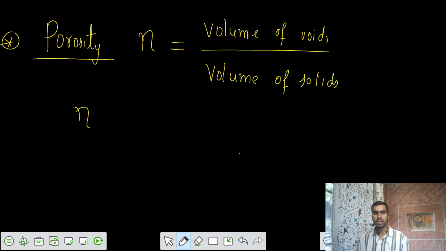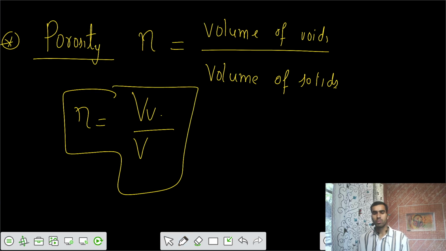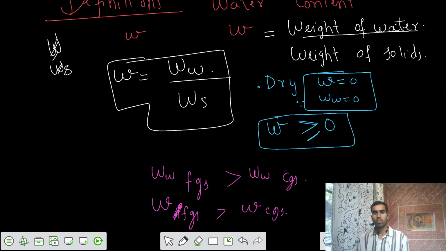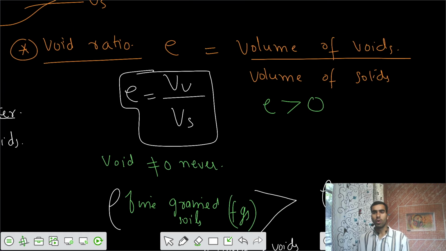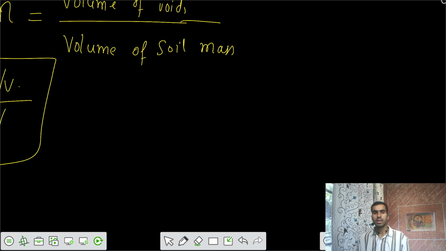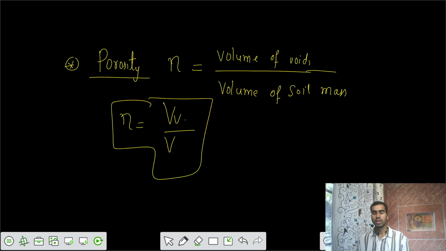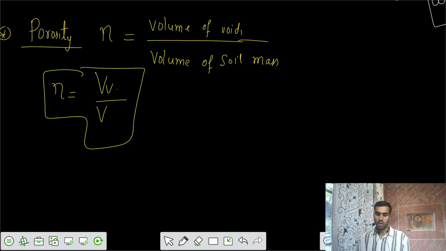So we write n equals Vv by V total, the volume of voids with respect to the total volume of the soil mass. The previous one, void ratio, was the volume of voids by the volume of solids. In this case, it is volume of voids by the volume of the entire soil mass.